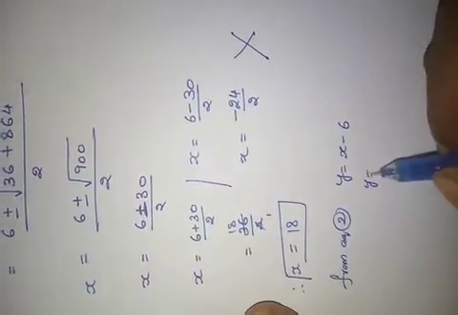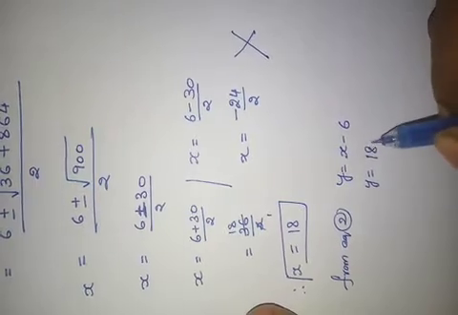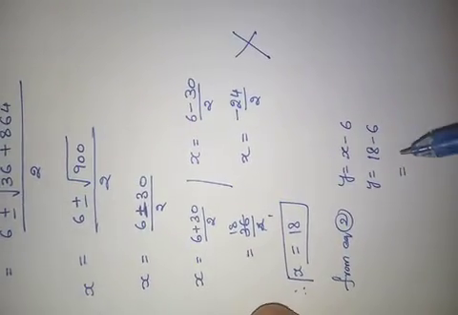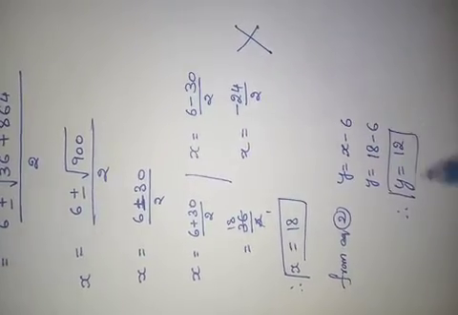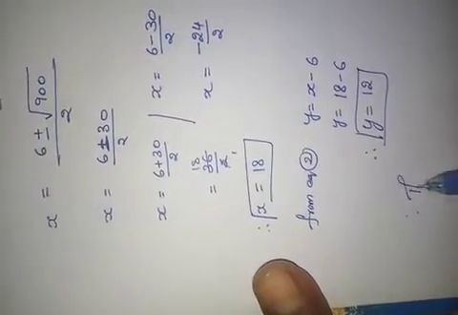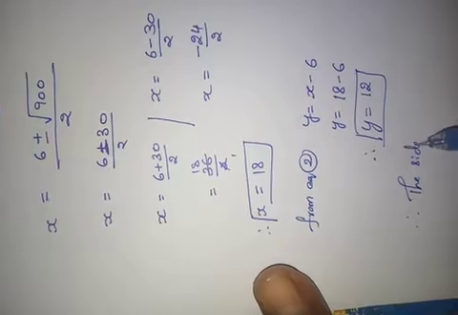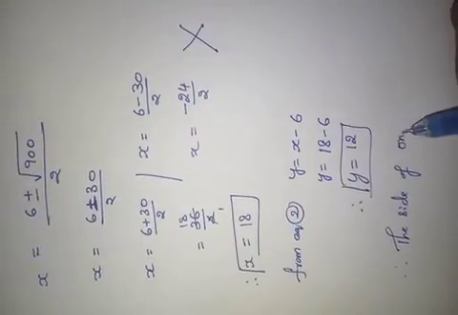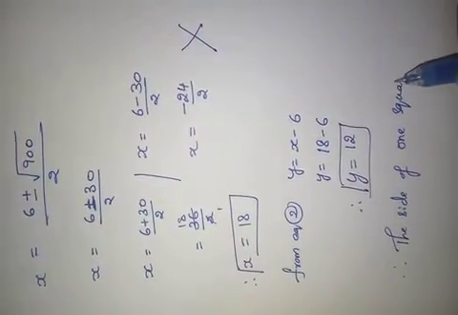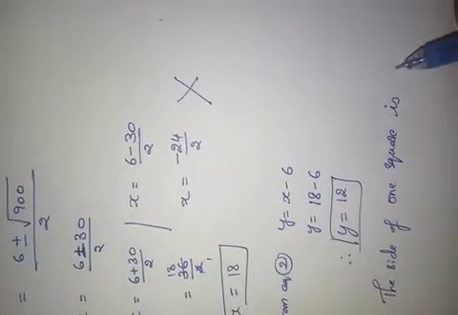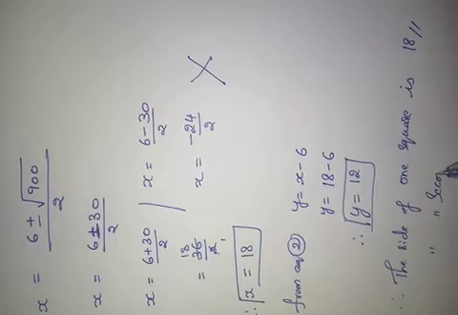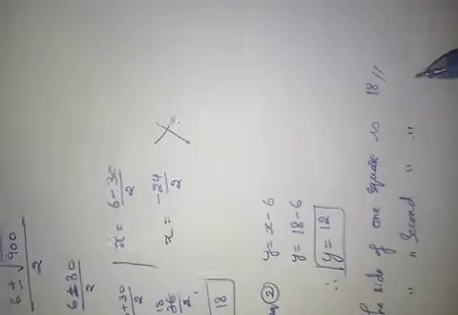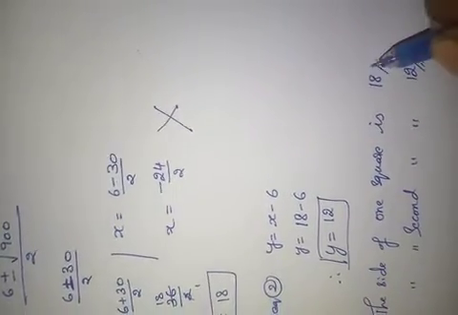Substitute in this. y equals 18 minus 6, that equals 12. Therefore, the side of one square is 18, the side of the second square is 12 meters.